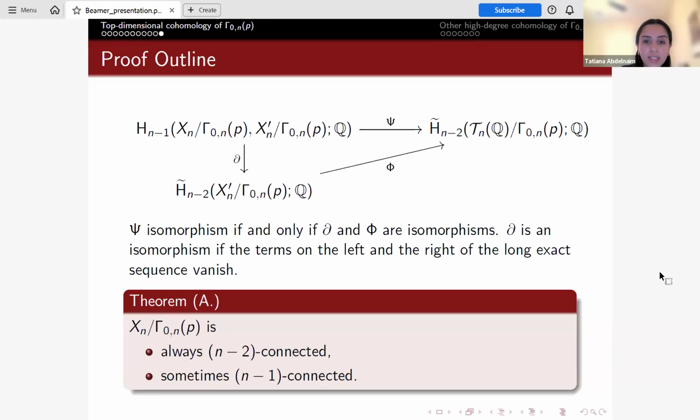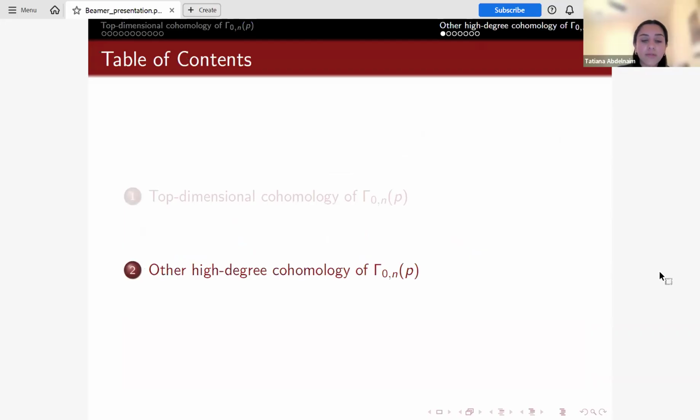Okay, so this is the end of the first part, talking about the top degree cohomology. Now for the other part, other high degree cohomology.